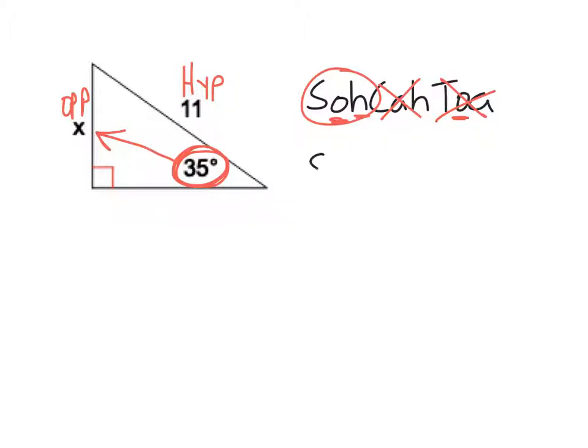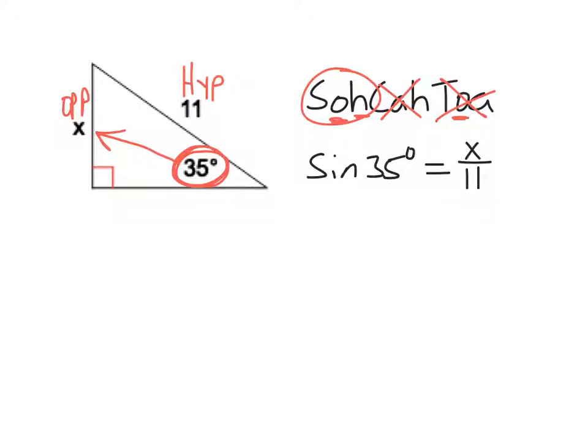Rather than saying the sine of angle A like we've done before, I can now say sine of 35 degrees. And that sine of 35 degrees is going to equal the fraction x over 11, opposite over hypotenuse.